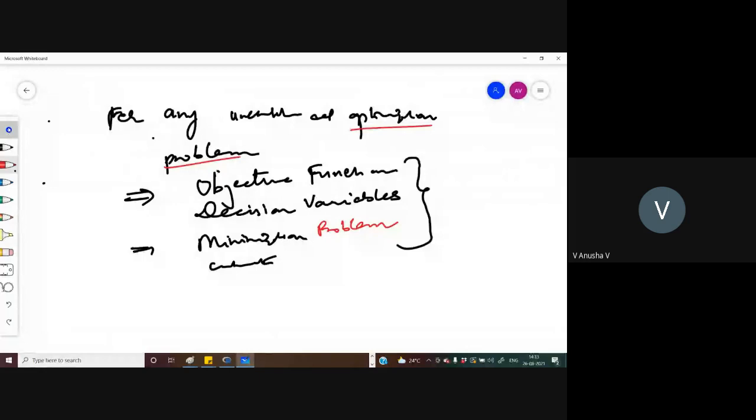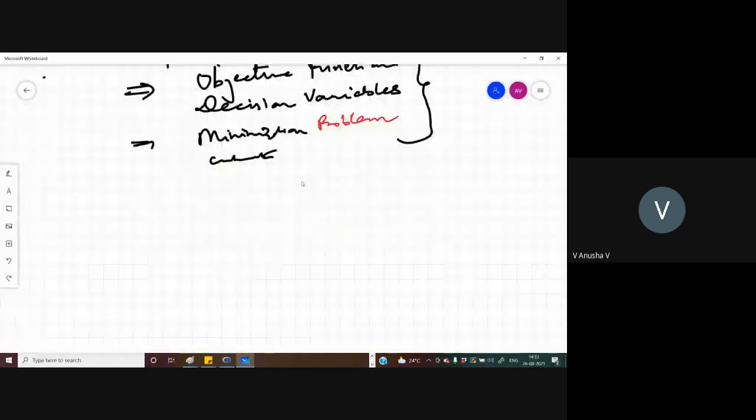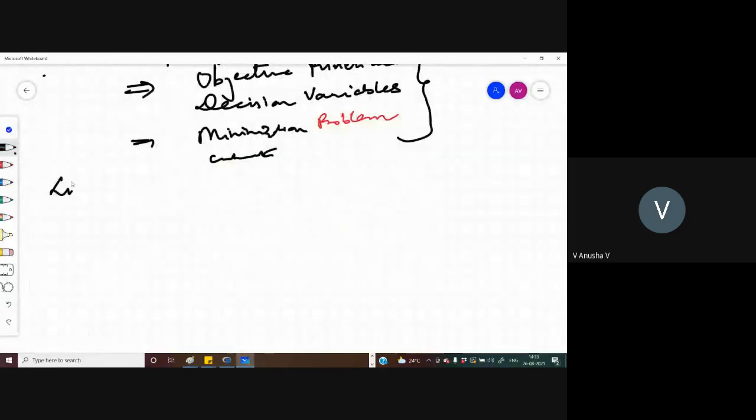There are kinds of optimization problems. One is linear problem, there is non-linear problem.